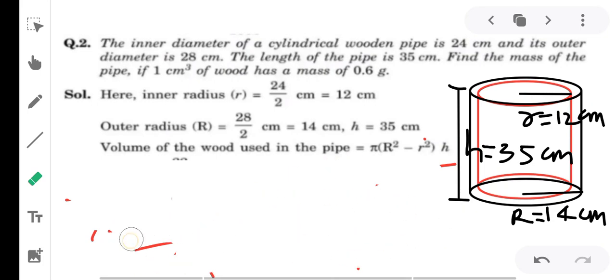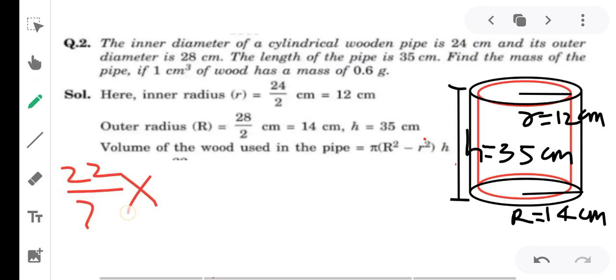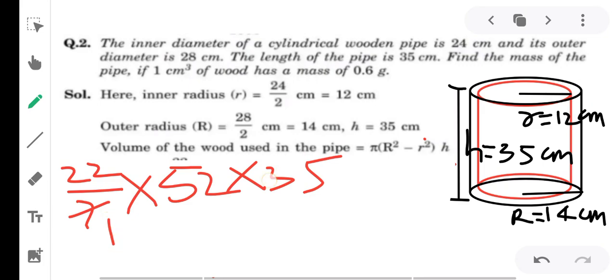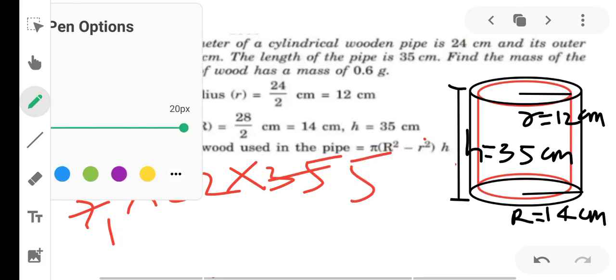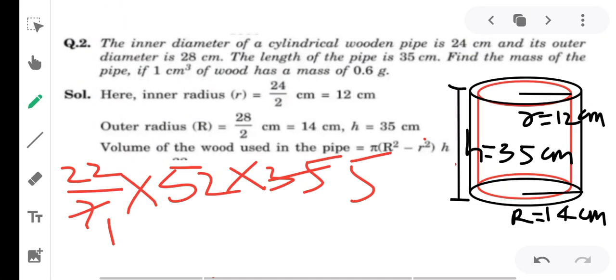इस values को आप मेरे साथ नोट करते जाइए, because I have very little space over here, so I need to use this place. So we will get 22/7, and if I subtract 144 from 196, I will get 52, and here is the 35, so I can divide: 7 1 the 7 and 7 5 the 35. इस तरीके से हम यहाँ पर इसको कर सकते हैं, and ultimately you will get 22 multiply 52 and multiply 5.